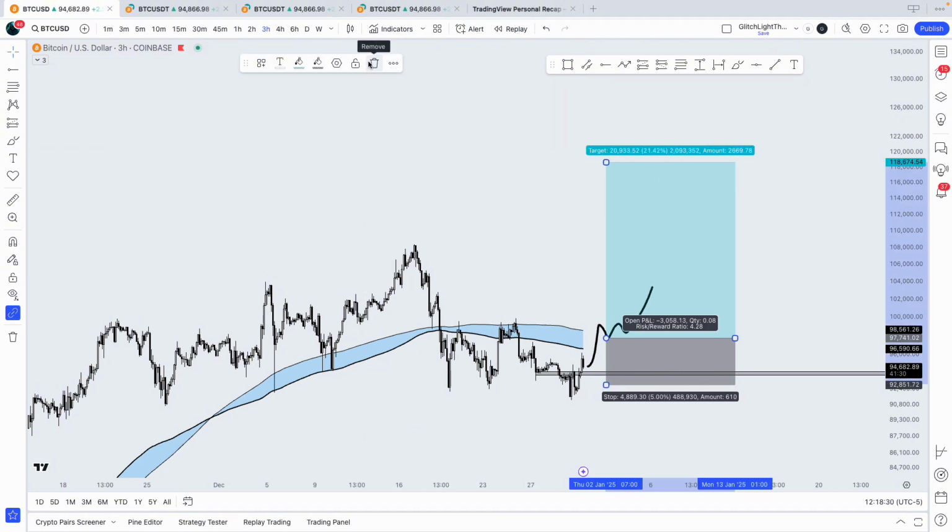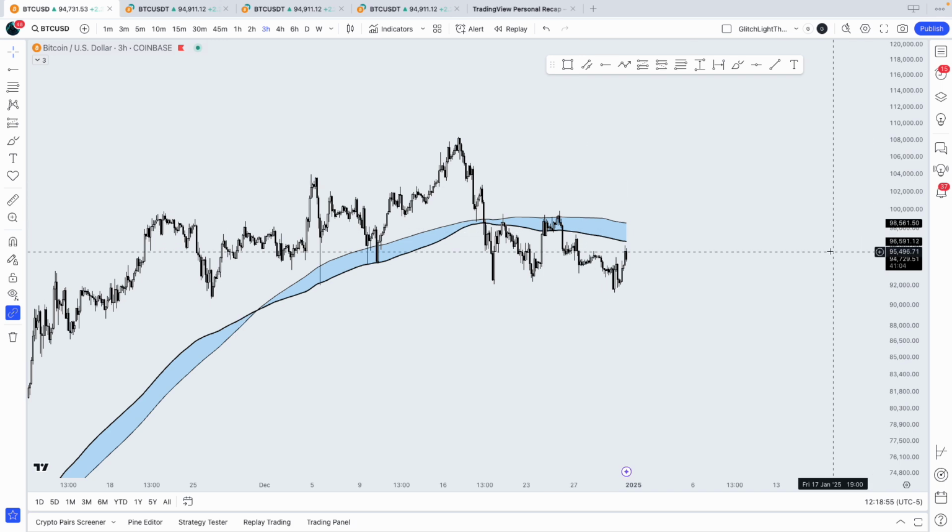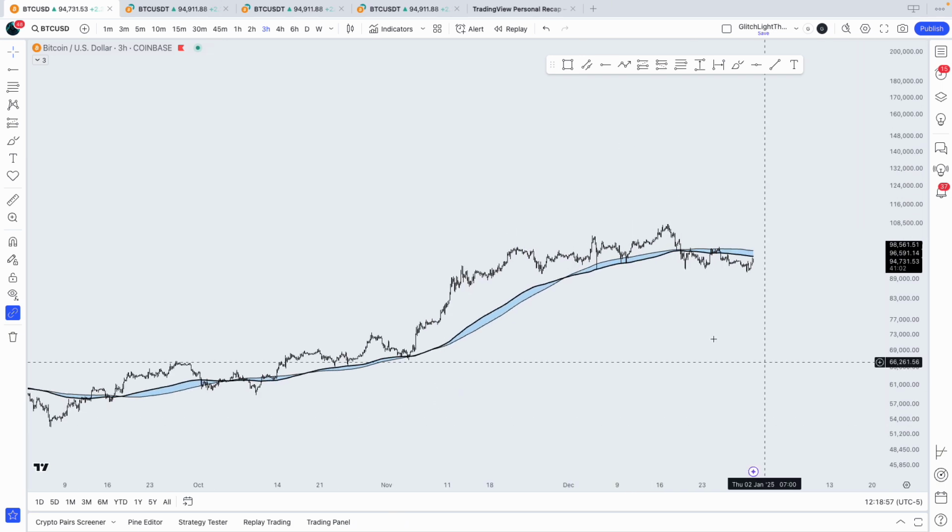Of course, you always want to give more significance to the high time frame trend than the low time frame trend, simply because higher time frames are often respected a lot more than lower time frame trends. Okay, now let me show you a few more examples here on the chart and how I would look to trade them.